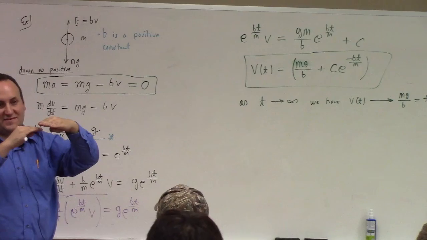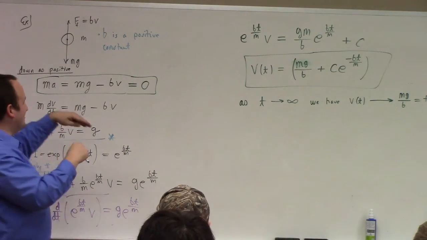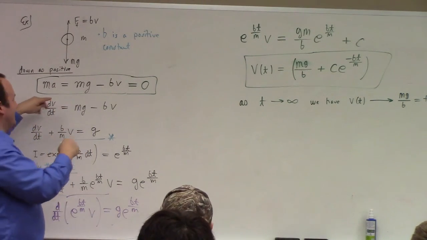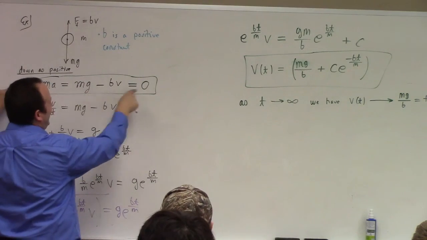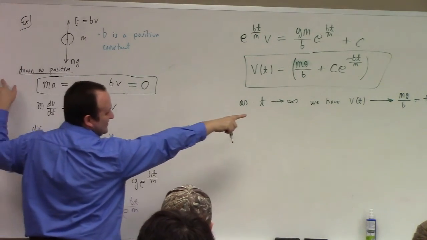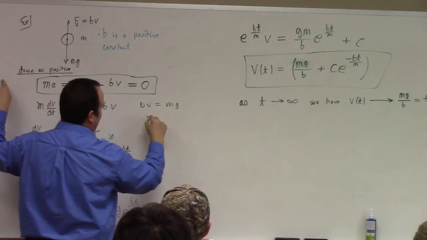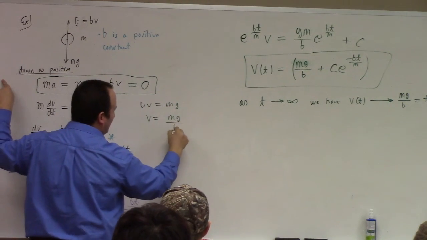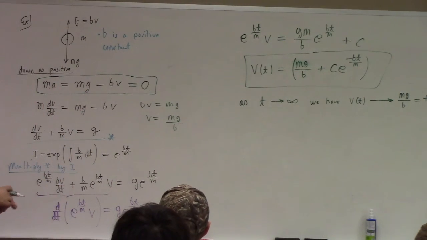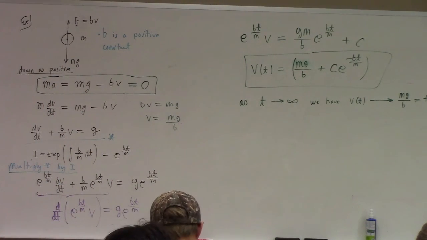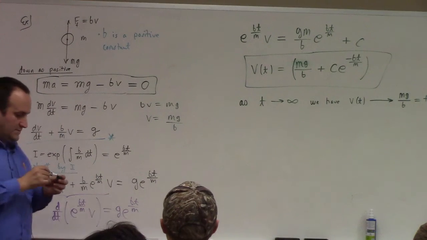That's where the acceleration is 0, so the net force is 0. If you set that equal to 0, that gives you bv equals mg, so v equals mg over b. Intuitively, it makes sense that that's what it is.